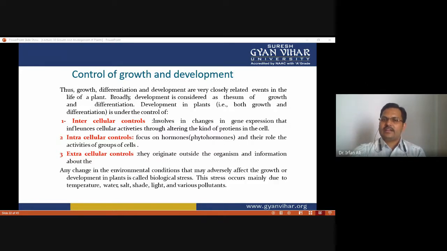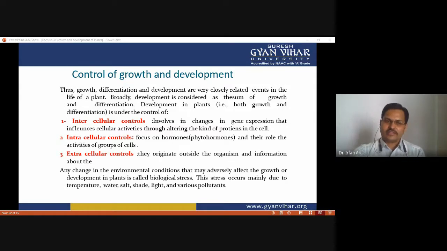These originate outside the organism, and information about any changes in the environmental condition may affect the growth and development in the plant, which is called biological stress. And this stress occurs mainly due to temperature, water availability, shade, light, and various pollutants that are present in the environment.